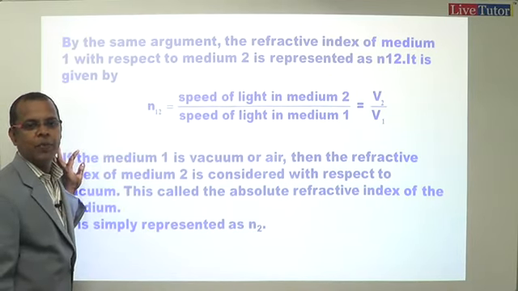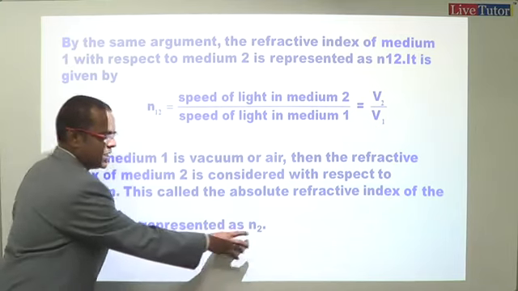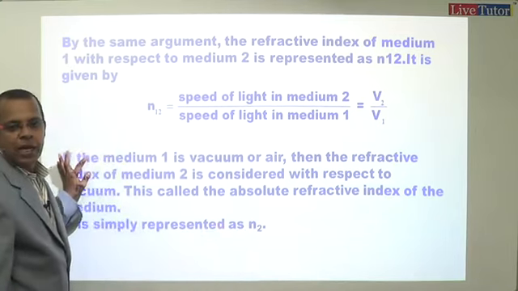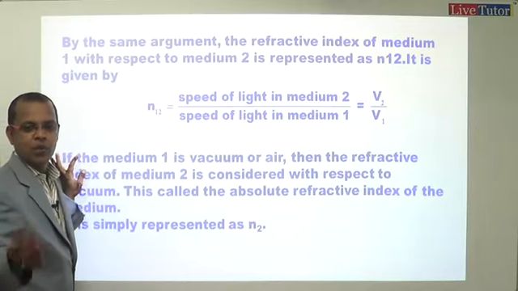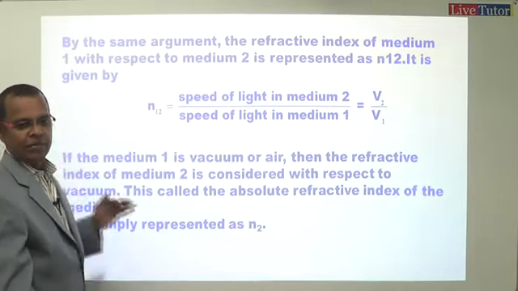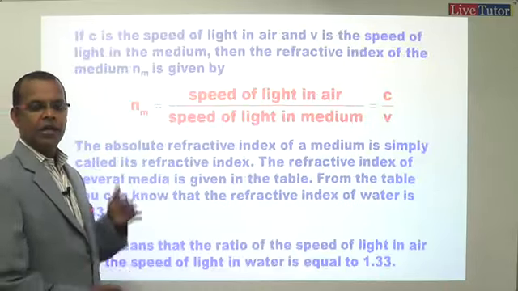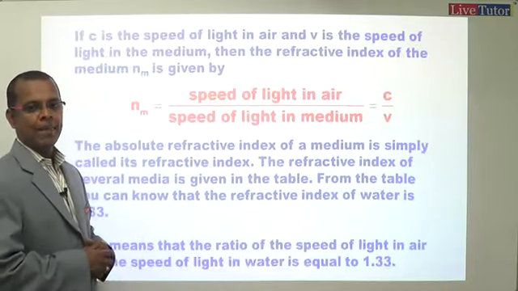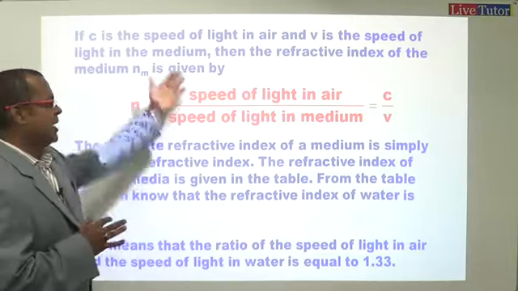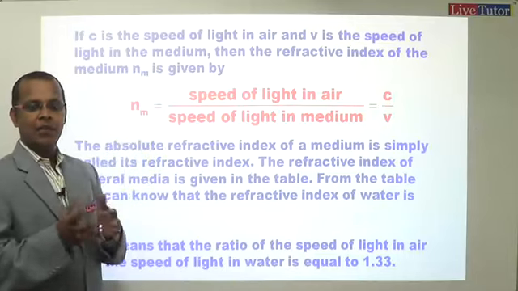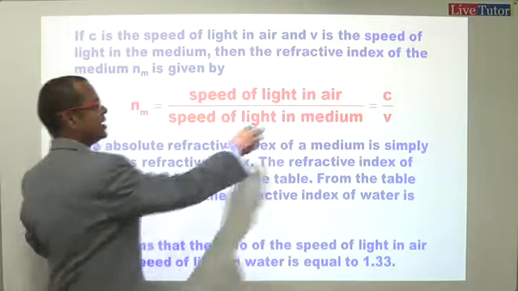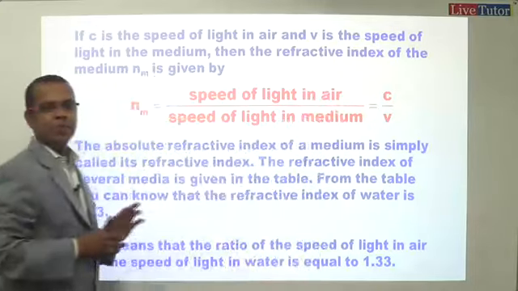Okay, so hereafter we will see simply mu or mu2, not n21 or n12. That means we are specifying the refractive index of that particular medium with respect to the air. Say, for example, if c is the velocity of light, we have taken air medium or vacuum. Generally we say air is the comparison.